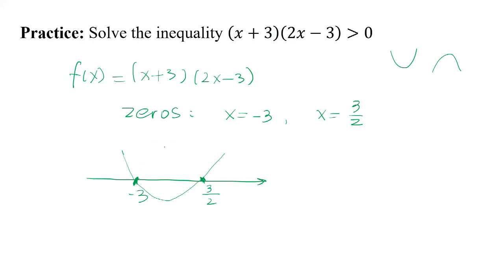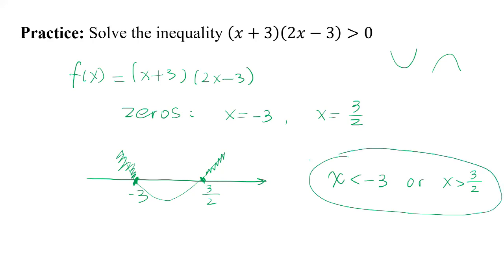All right, so what are the intervals that can make this function greater than 0? Of course, there is an interval here and there is another interval there, right? So the solution is x is either less than -3 or greater than 3/2, right? This is our solution.